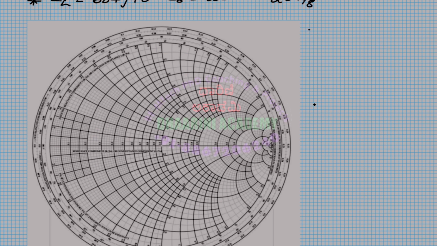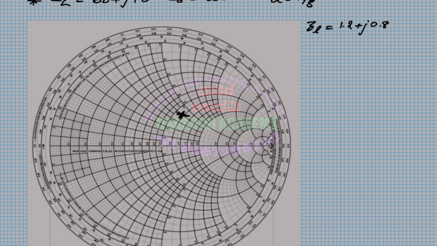So the normalized values are like this. ZL is equal to 1.2 plus j0.8. This is 1, this is 0.8, so 1.2 plus j0.8 will be somewhere here, I guess.